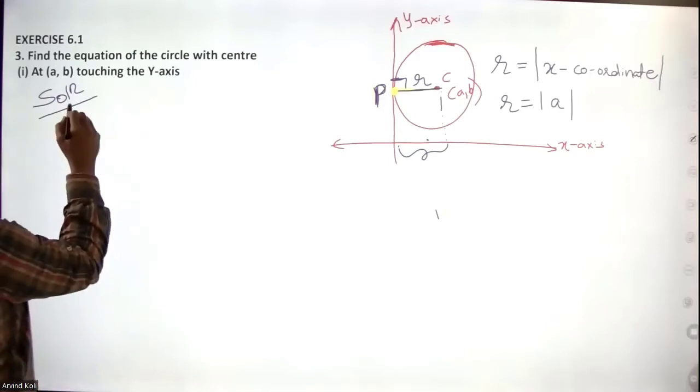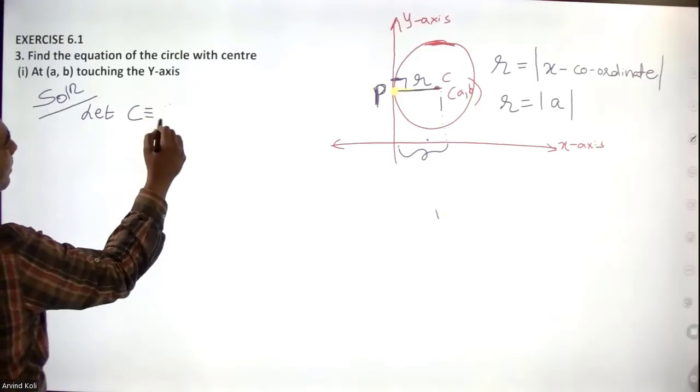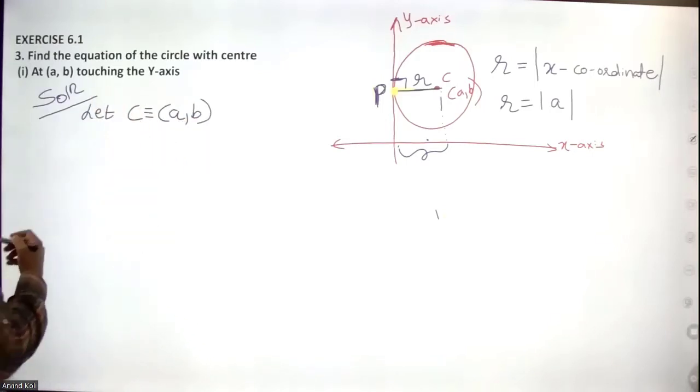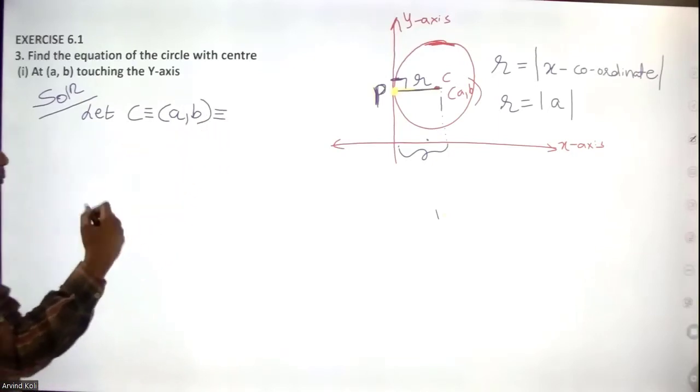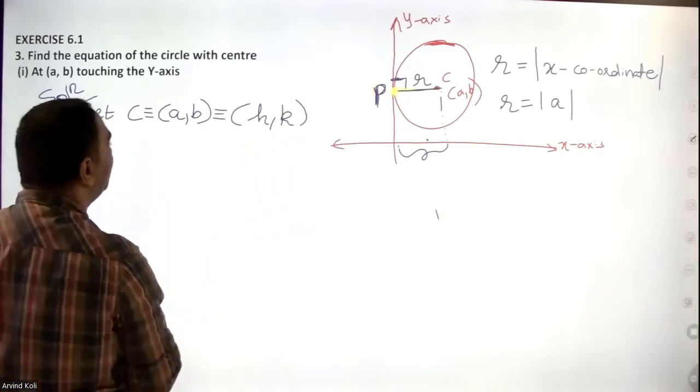Let the center be C(a, b). Further, for the center we would normally use the name h, k.